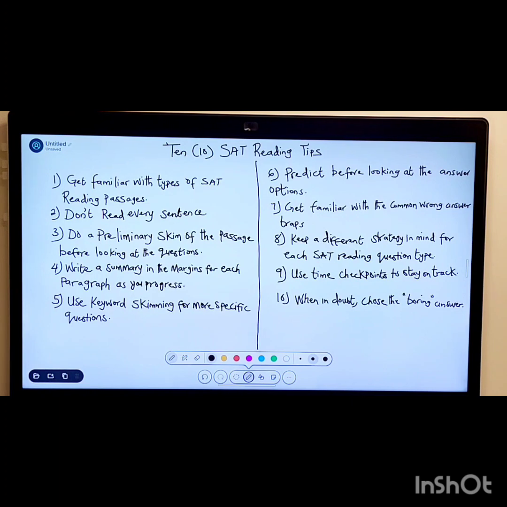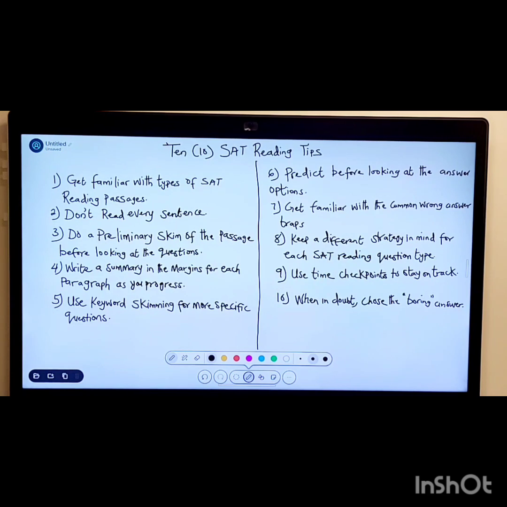Get familiar with types of SAT reading passages. Do not read every sentence. Do a preliminary skim of the passage before looking at the questions. Write a summary in the margin of each paragraph as you progress. Use keyword skimming for more specific questions. 6.